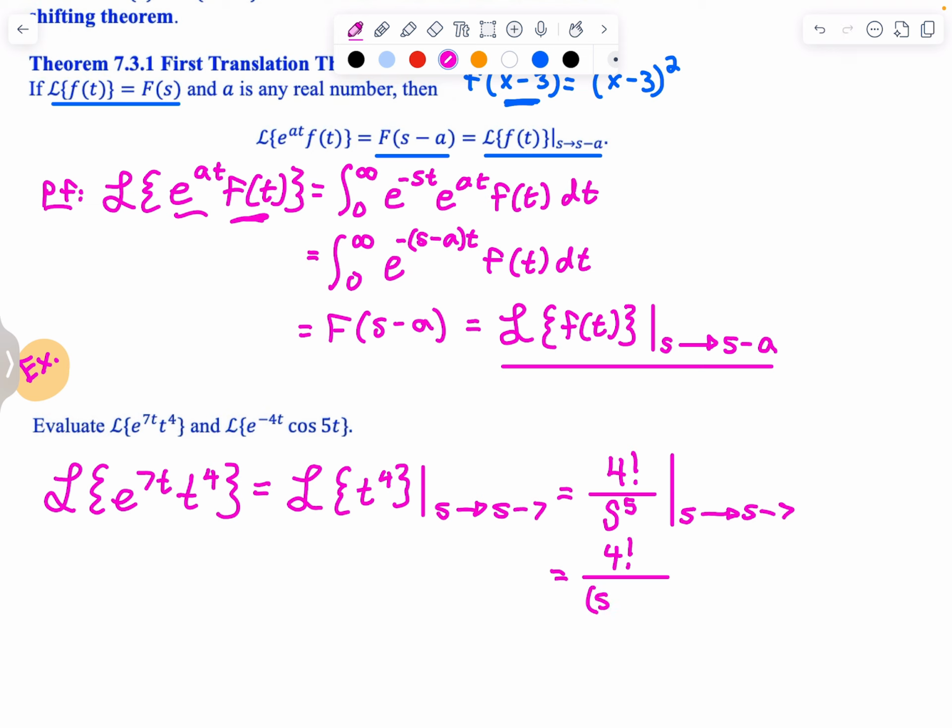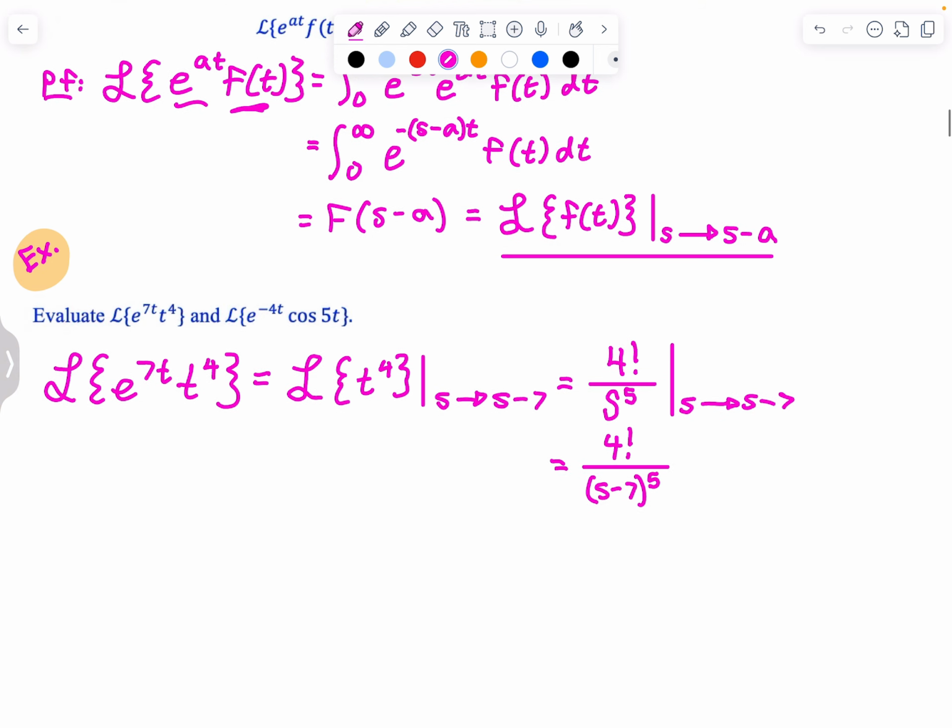So s minus 7 to the 5th. There we go. So it's a quick way to do kind of a sub. We could plug this into the definition and work it out. I think we've done some of those, but this is much quicker using that theorem.